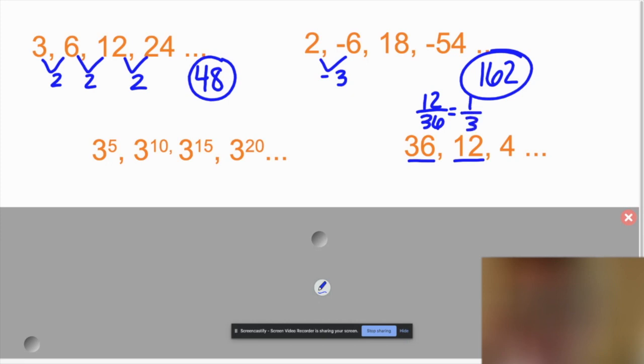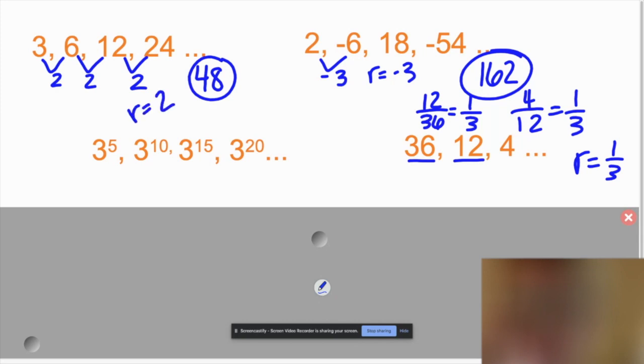Again, we could do the same if we did 4 over 12, also get 1/3 as well. So my common ratio here would be 1/3, and I think that's what we're technically looking for in all of these. So then if we do 4 divided by 3, of course, we're going to get 4/3.